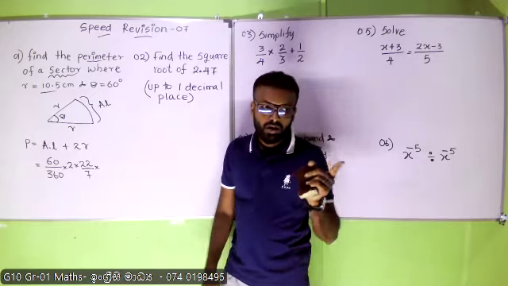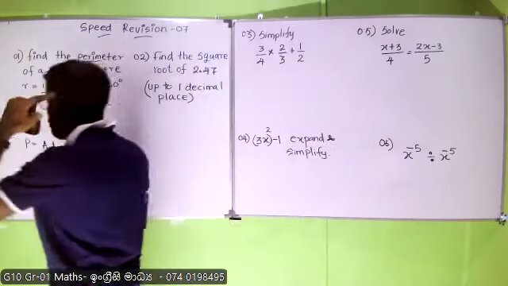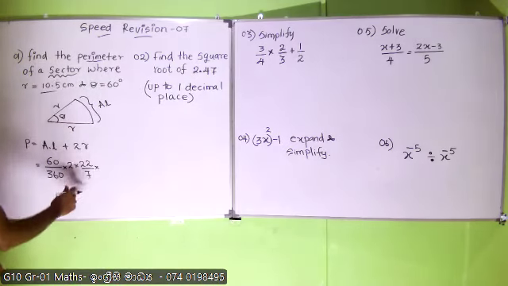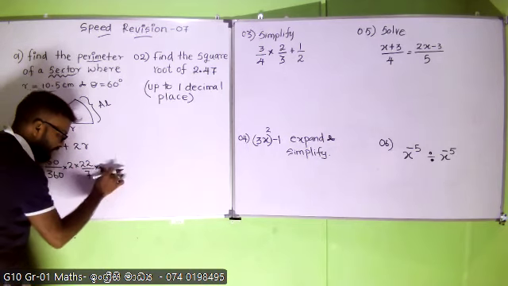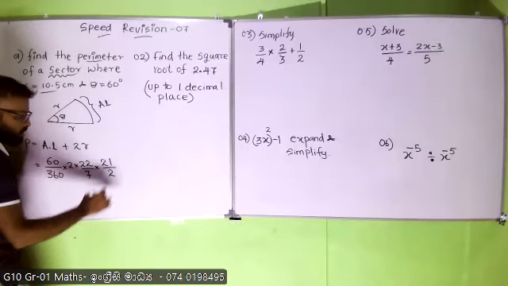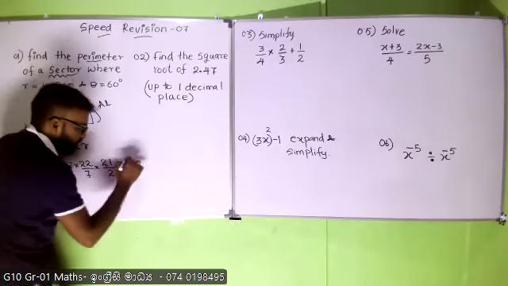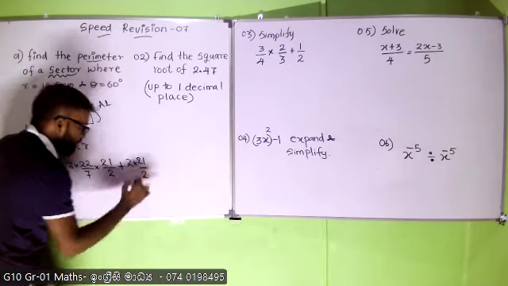So Amina gave me the answer. Pi is 22 upon 7, and the radius will be 10.5, so I can write this 10.5 as 21 upon 2. So plus 2r, 2 times the radius, 21 upon 2 again.